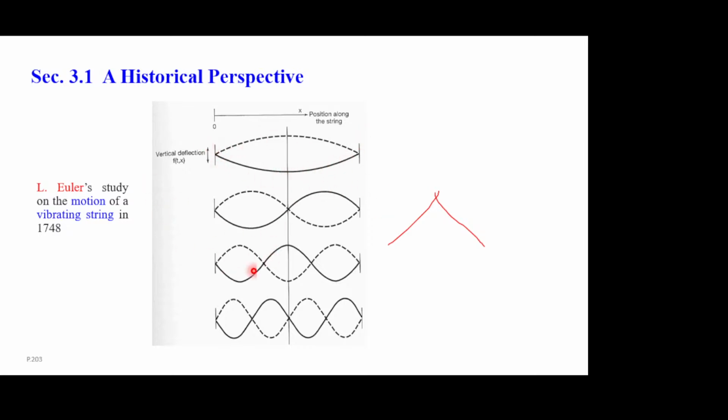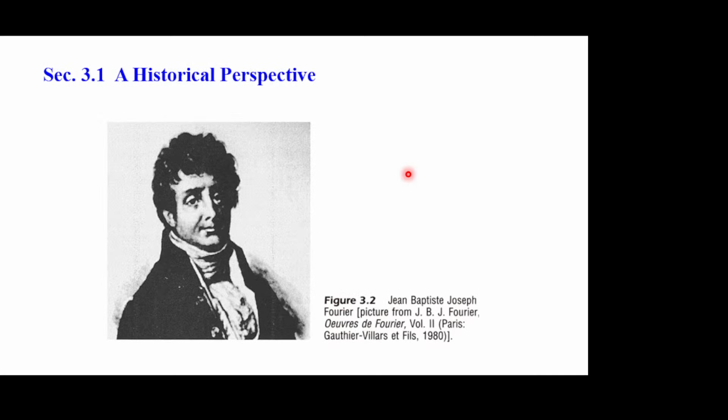They are differentiable everywhere, but if your signal has a sharp angle here, then it's not differentiable here. So how do you add up a whole bunch of signals that are all differentiable and get something that's not differentiable here? That doesn't make sense to Lagrange, but we will see how we deal with that later in this chapter. Okay, so that's a quick historical review. And once again, here is a picture of Fourier.